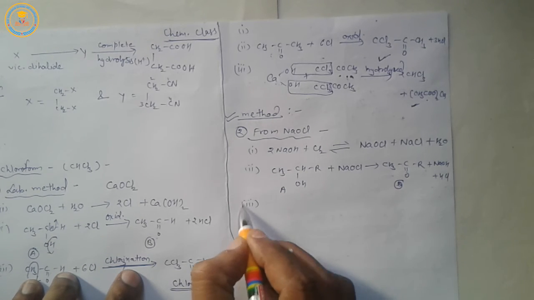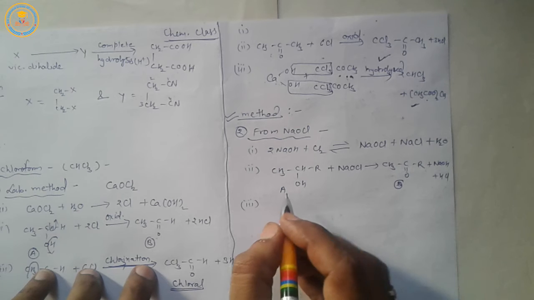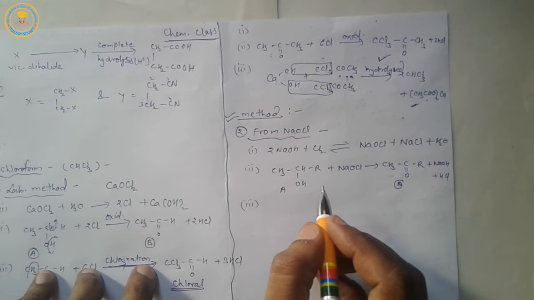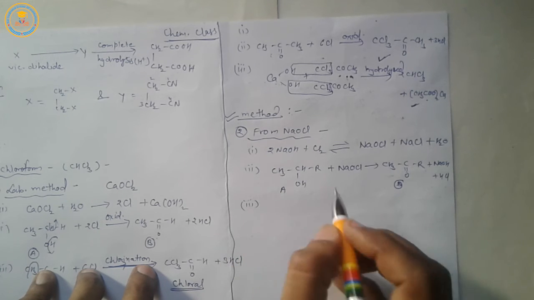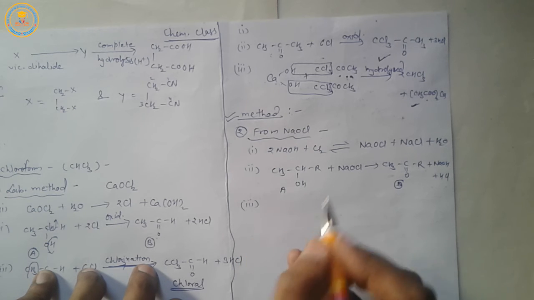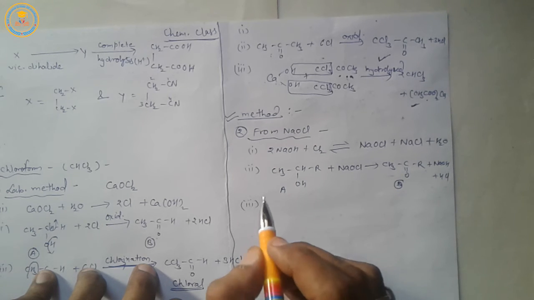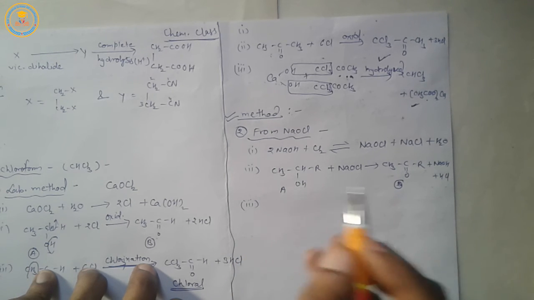In the third step, compound B reacts with NaOCl. After chlorination, its trichloro derivative is formed.